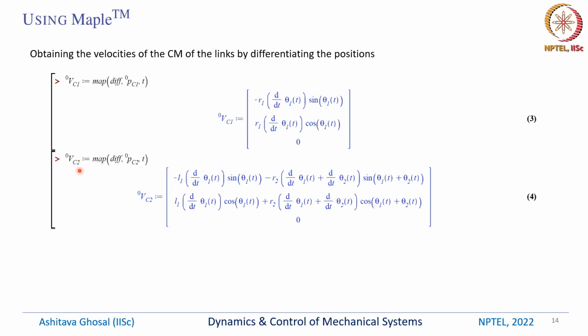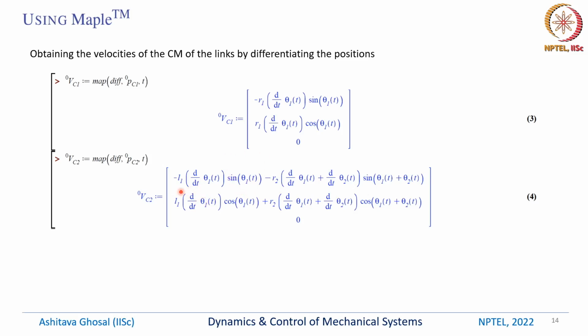And likewise we can find the velocity of the CG of the second link, again by taking the derivative of 0pc2 with respect to time. This tells you that you are taking the derivatives with respect to time, and again you will get various terms. Remember, it was L1 C1 plus R2 C12. That was the x coordinate of the center of mass of the second link.